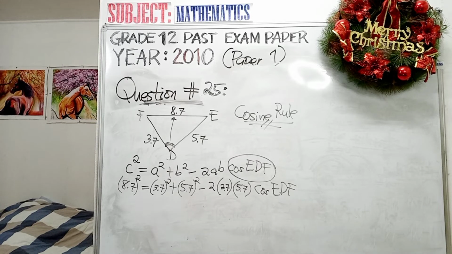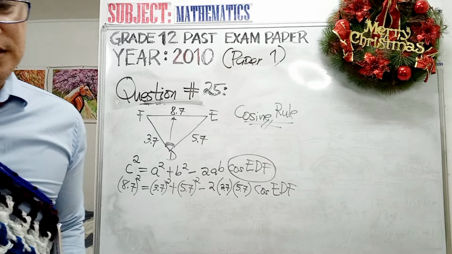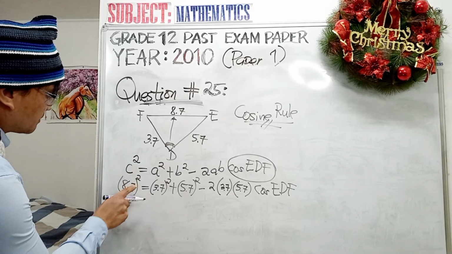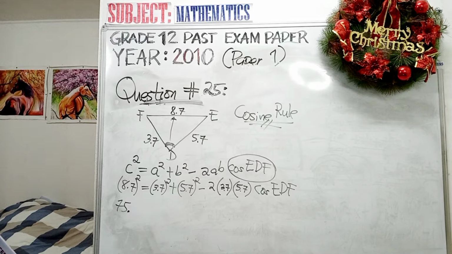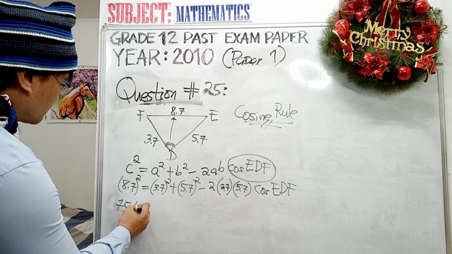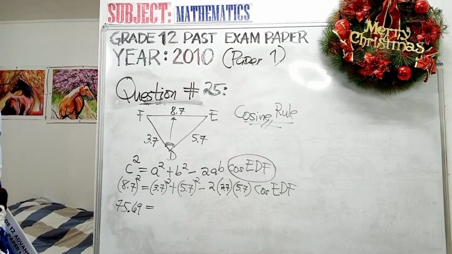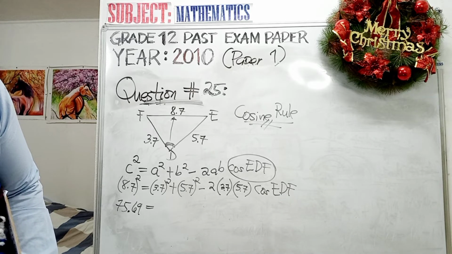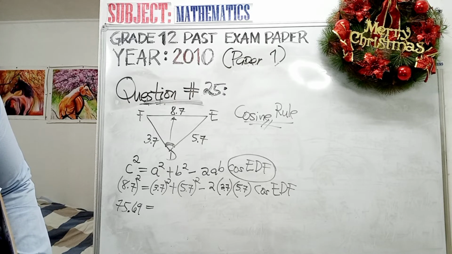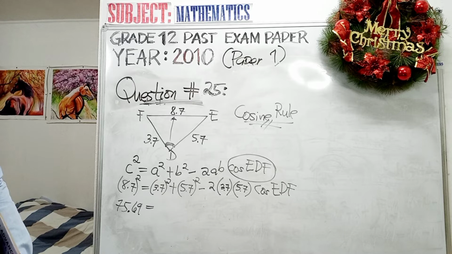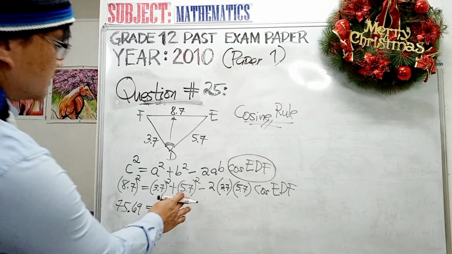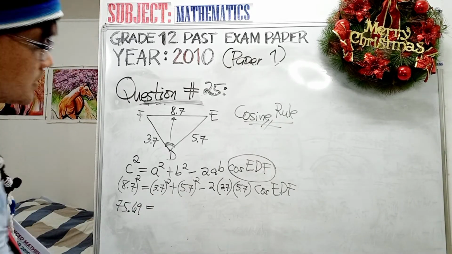The value of 8.7 square, when you multiply 8.7 by itself, is 75.69. Then 3.7 square plus 5.7 square gives you the value of 46.18.